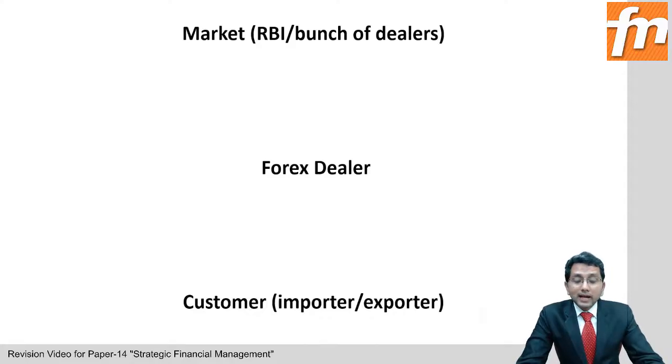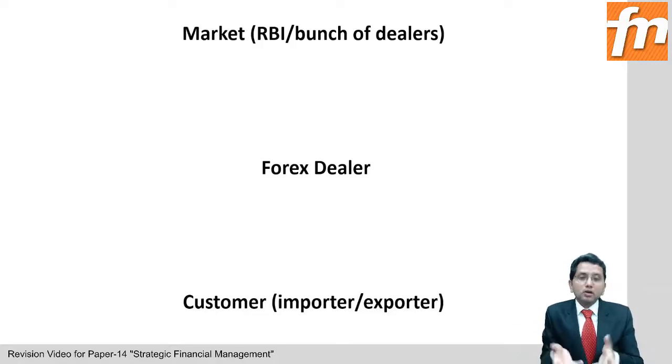Now, as there are three types of people here, there will be two types of rates. The rate at which transactions are entered into between the market and the forex dealer is named the interbank rate, because what is the market?